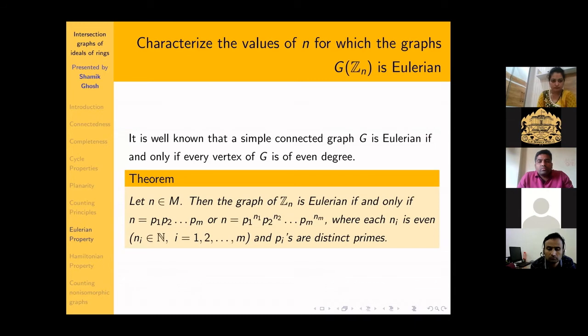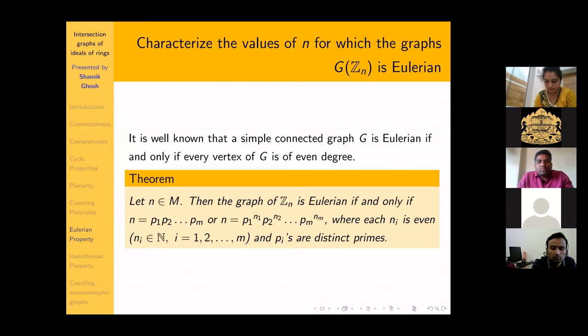If you want the Eulerian property, there is this well-known theorem due to Euler, that the graph is Eulerian if and only if every vertex is of even degree. This is the result for connected graphs; in general we say that there is only one non-trivial component, and other vertices may be isolated.